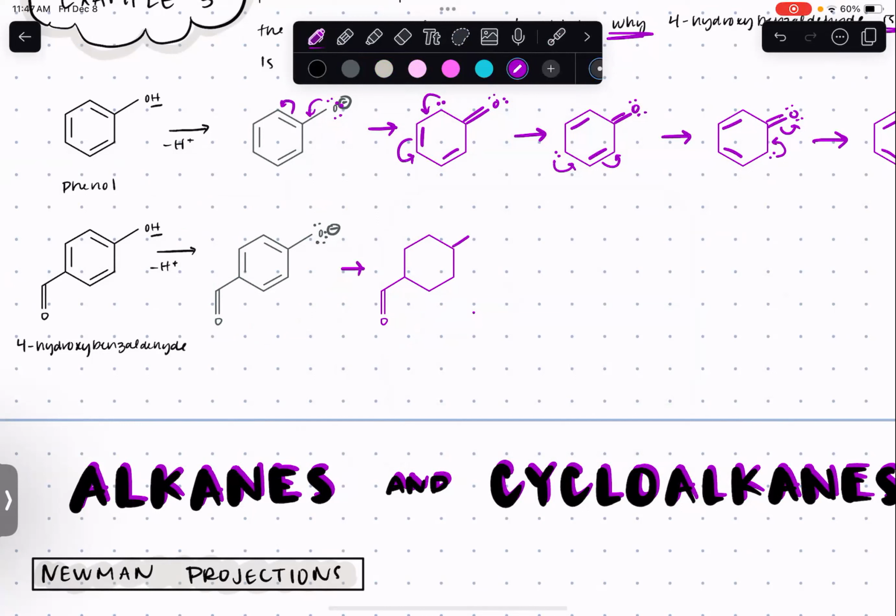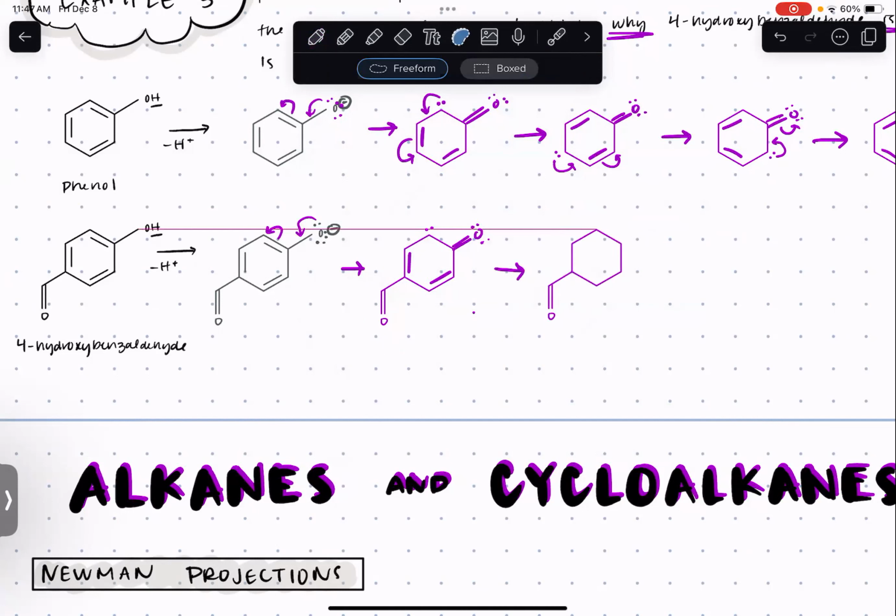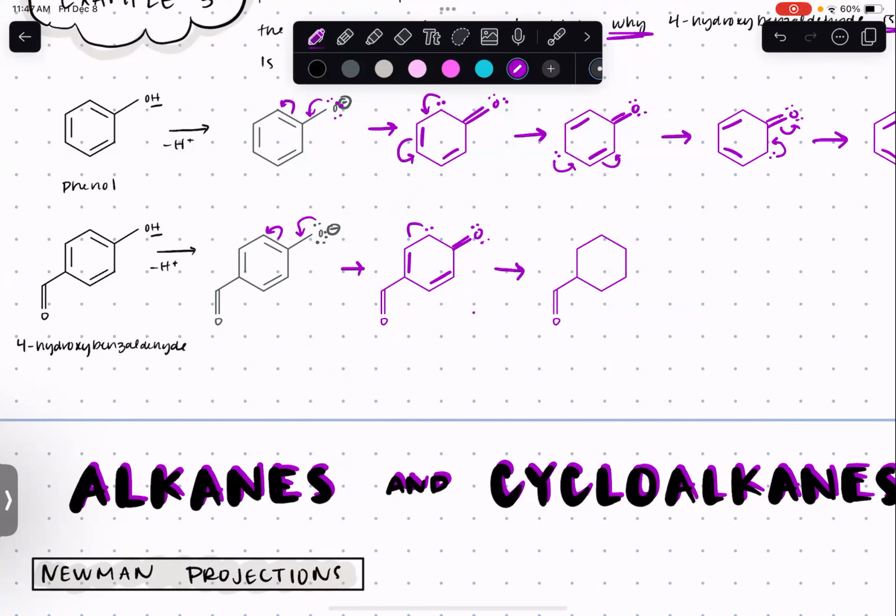So we'll start with this lone pair pushing down, so we get a double bond there, and then this double bond pushing up, so that we get something like this. Then we are going to get, so this electron pair pushes down and this one pushes up.